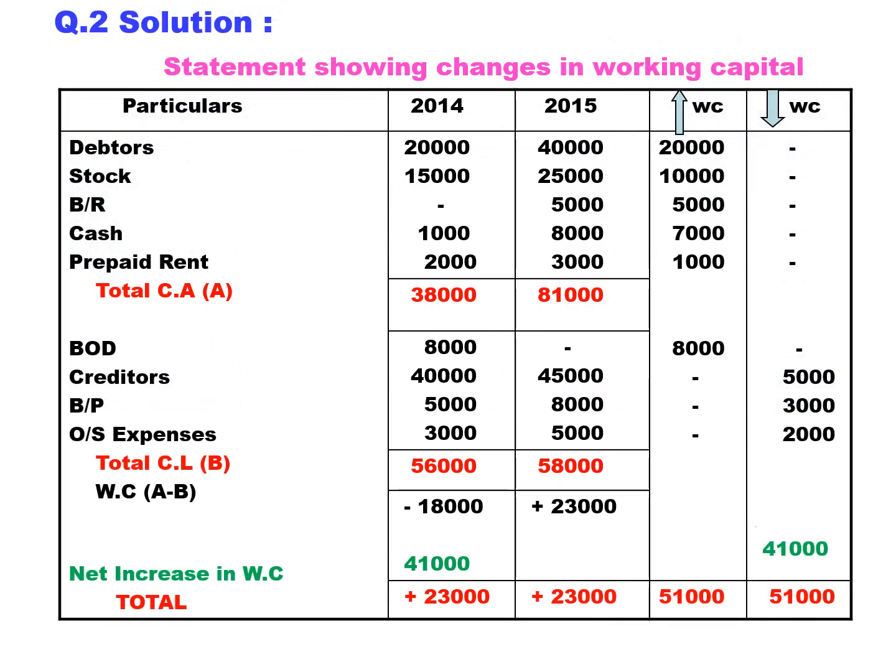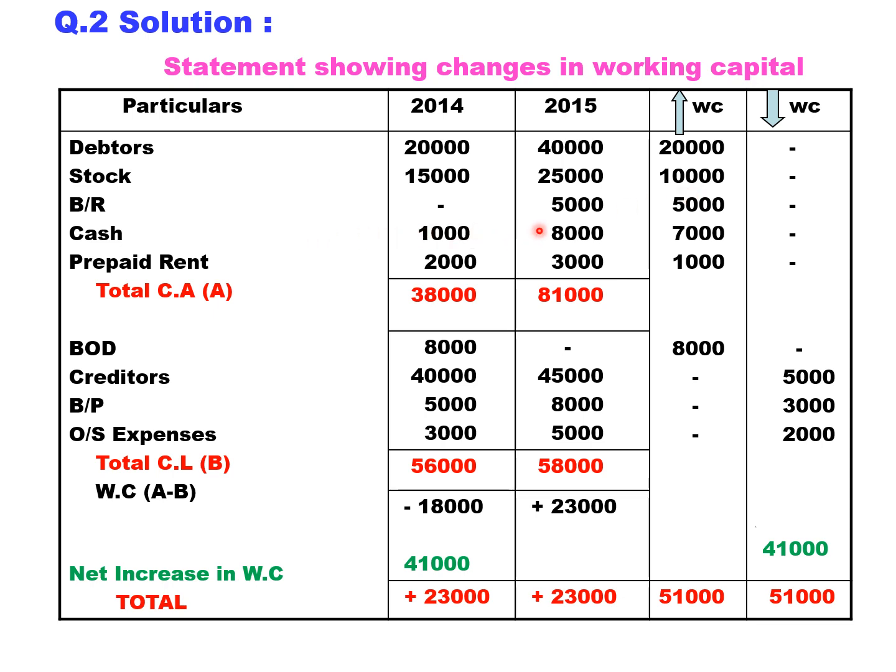Students, here's the solution for the second question. First, debtor, there is an increase in debtor of 20,000. So increase in debtor will result in increase in working capital. There is an increase in stock of 10,000, so it will result in increase in working capital.